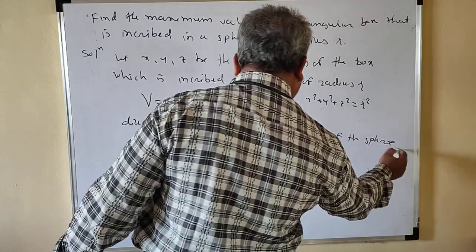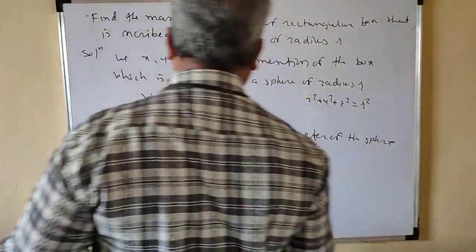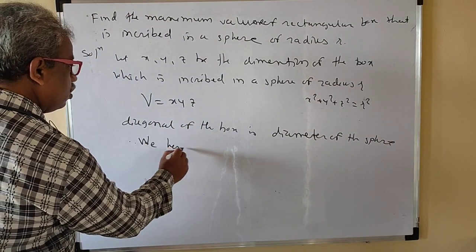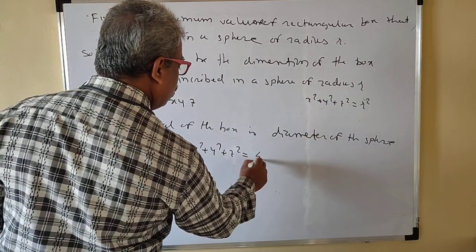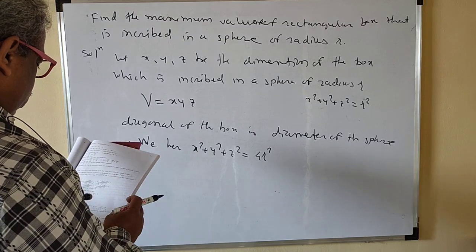Therefore we have x square plus y square plus z square is equal to 4r square.